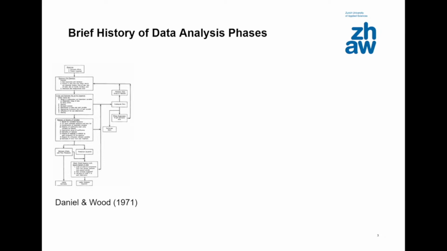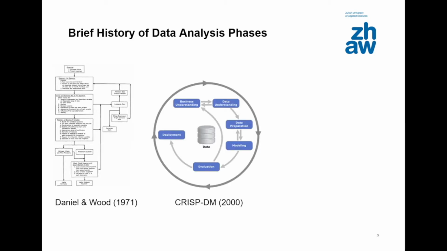Daniel and Wood, for example, have put the phases into a flowchart in their 1971 book, Fitting Equation to Data. Then, in the age of data mining, a data analysis process was formulated around 2000 called the Cross-Industry Standard Process for Data Mining, which is still very influential today.